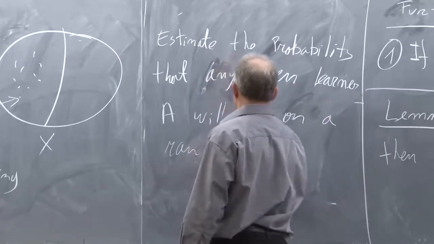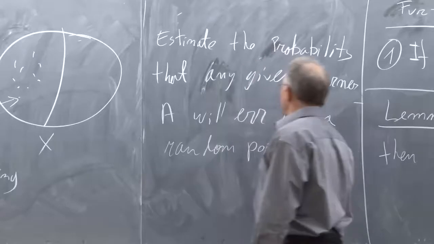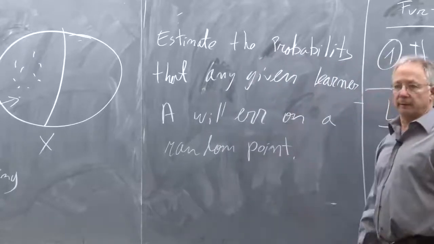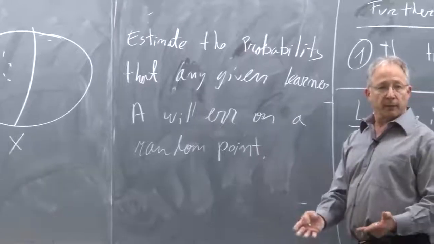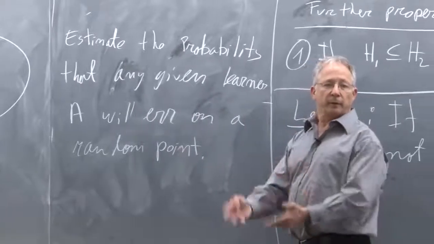Right? That's what A has to guarantee. That will be what A has to achieve: an algorithm that no matter what, with high probability, will not err on a random point.